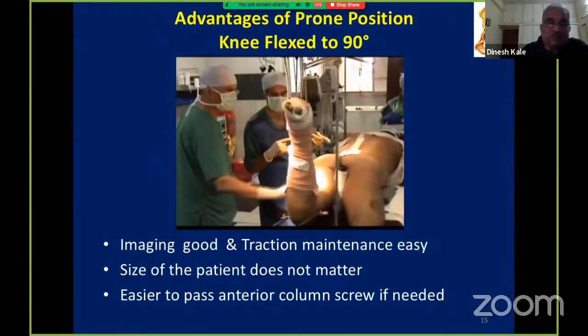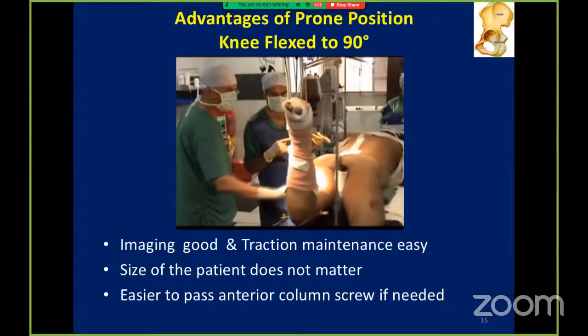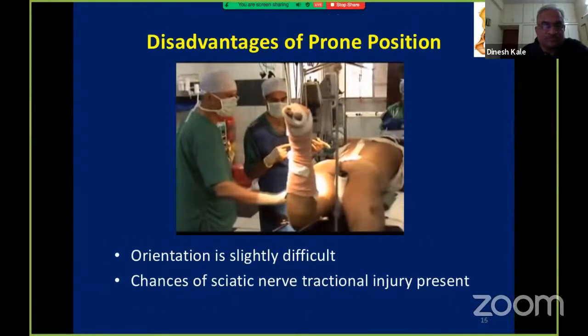When you are passing the screws, this is a good position because your IITV imaging is better. However, the thing that you have to remember is the knee has to be kept flexed at 90 degrees. The disadvantage is our orientation becomes exactly in the reverse fashion. Chances of the sciatic nerve traction injury are higher.